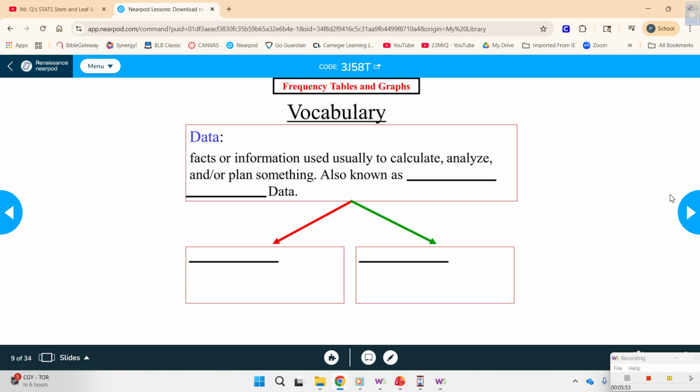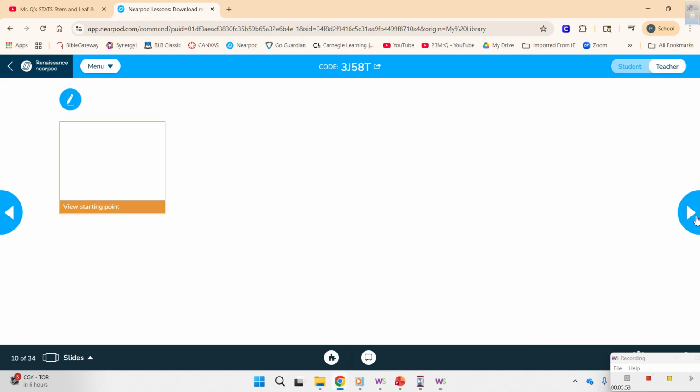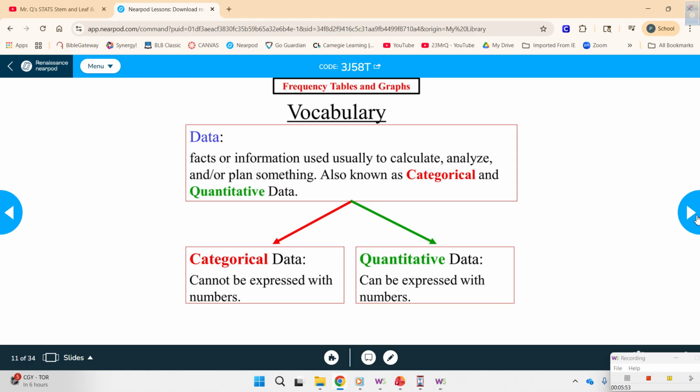What's the difference between categorical and quantitative? Quantitative is what? Very good. One of them is numbers, one of them is not numbers. All right, we got that.